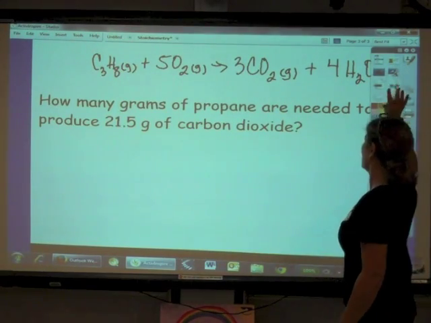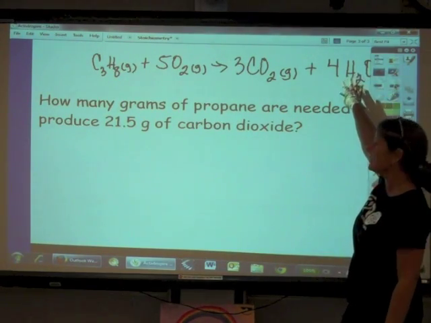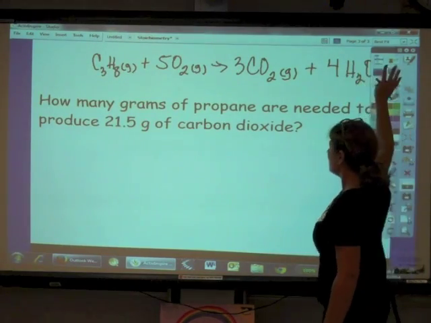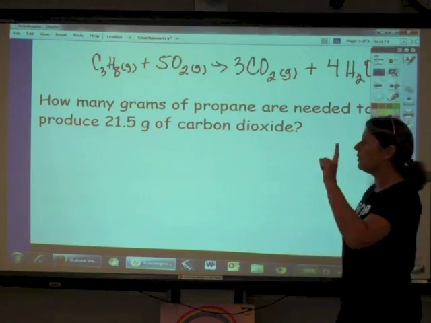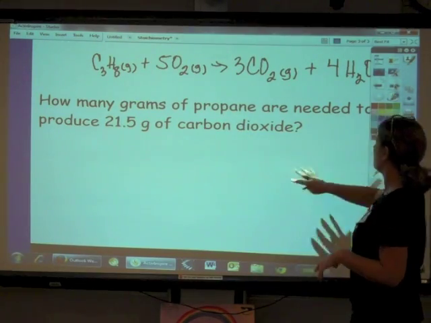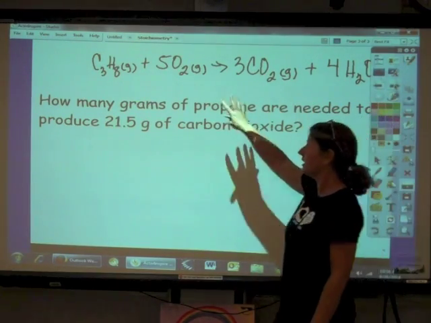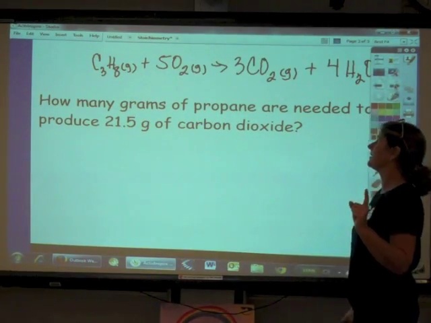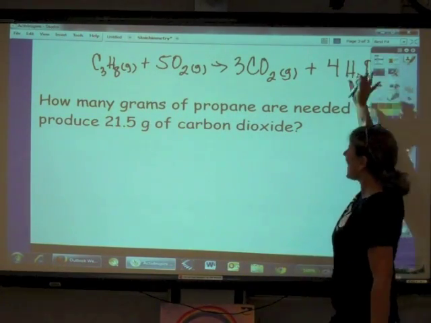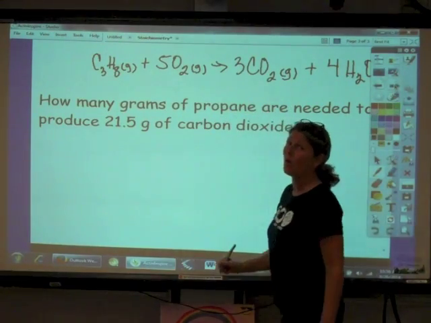You can be given the mass of this product and figure out the mass of this product that will form as well. So you only need one quantity, and it doesn't matter whether that is a product quantity or a reactant quantity. One quantity is all it takes to figure out any of the other quantities in the reaction.